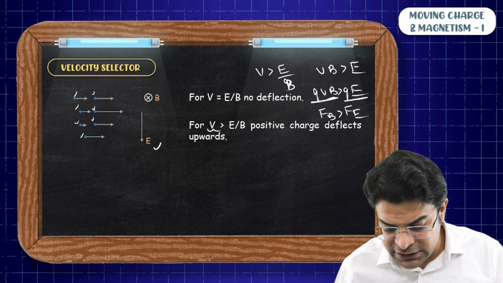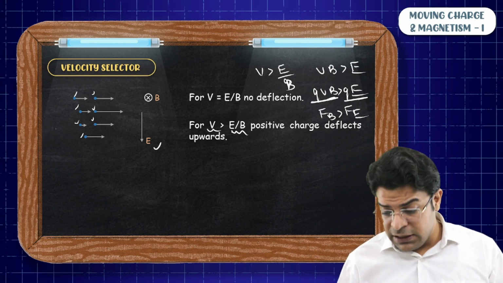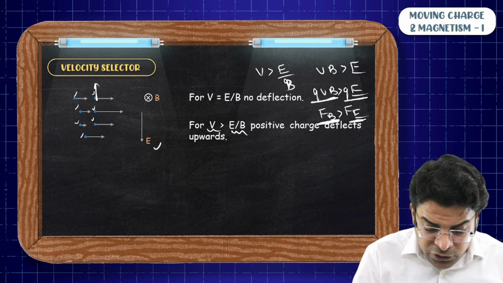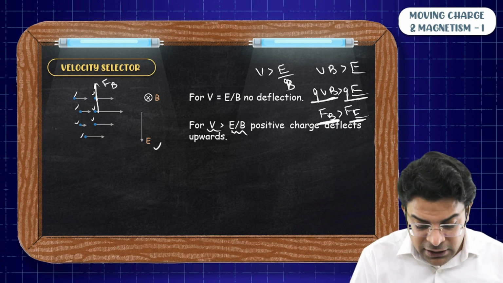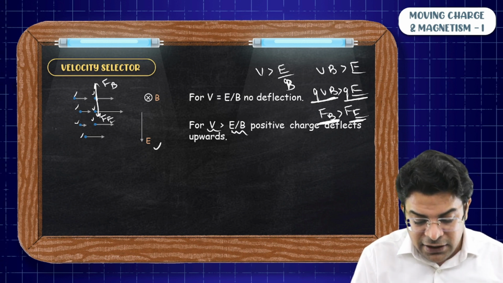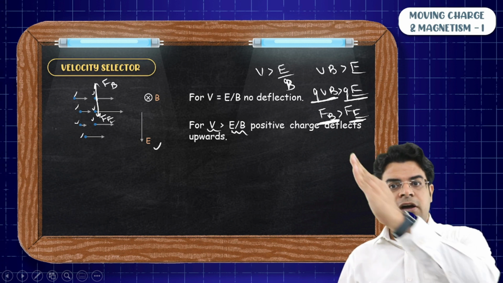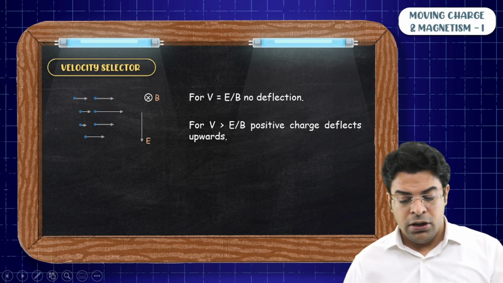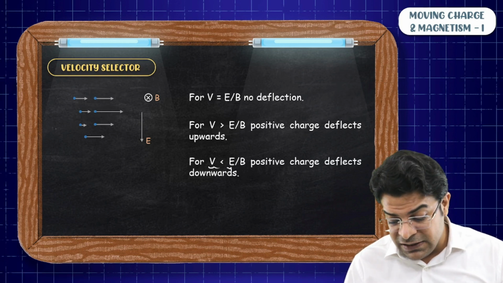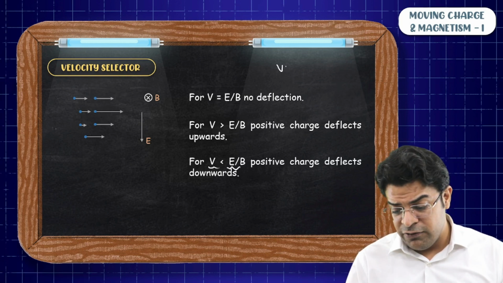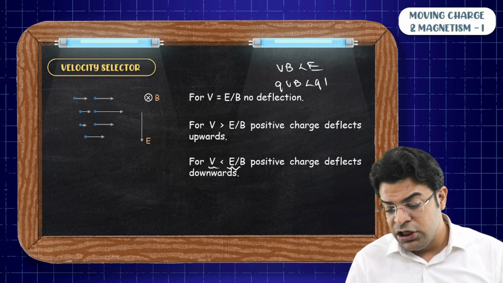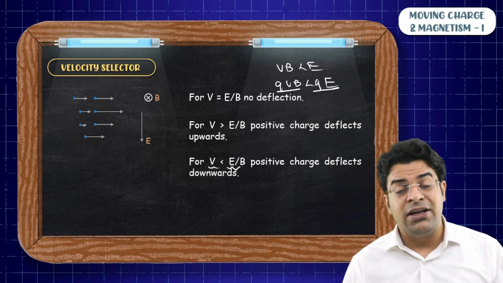If V is greater than E by B, then the magnetic force will be greater than the electric force. So the upward force due to the magnetic field will be greater than the downward force due to the electric field, and hence the charged particle will deflect up. Similarly, if V is less than E by B, then VB is less than E, so QVB is less than QE, so the magnetic force is less than the electric force.